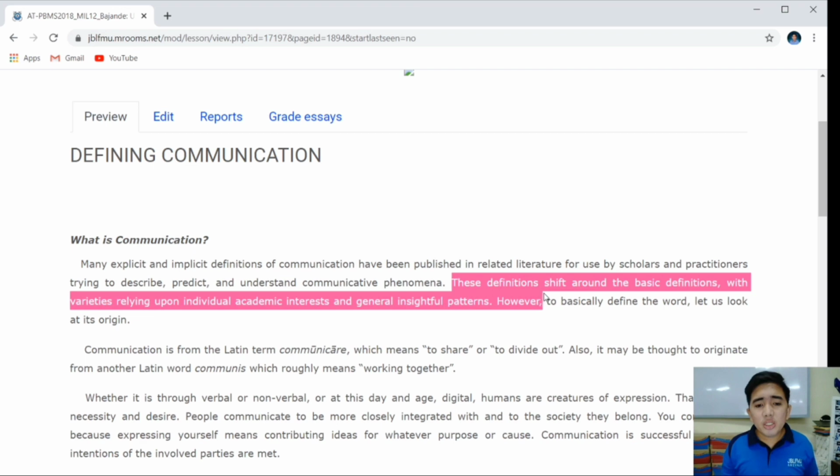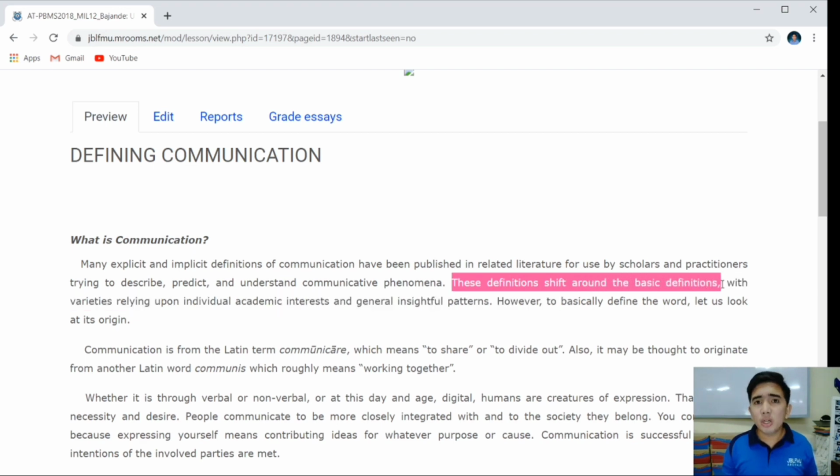These definitions shift around the basic definitions. So when there is already a known definition of communication, the tendency is that other people, as time goes by, would try to add to the information about what communication is.